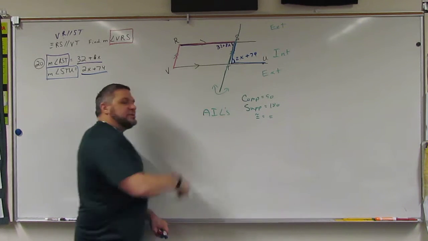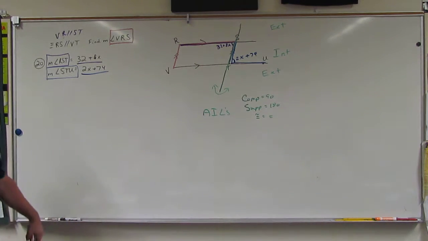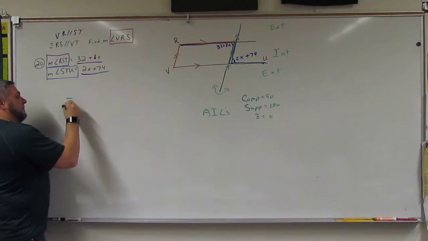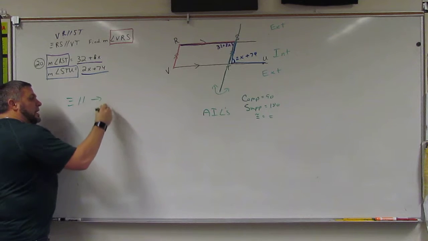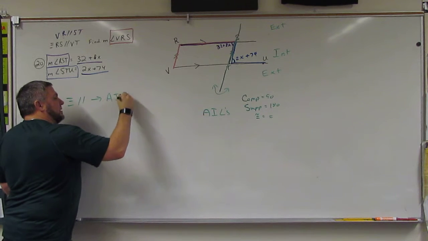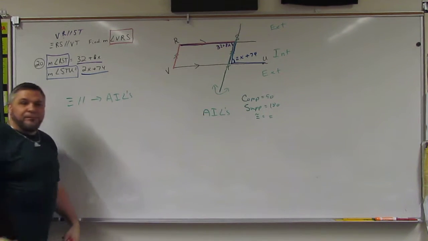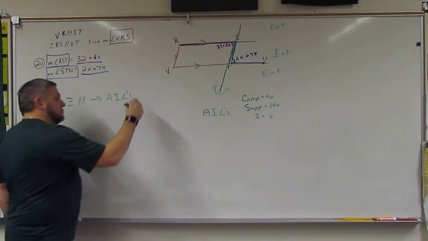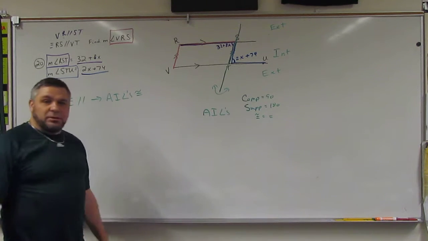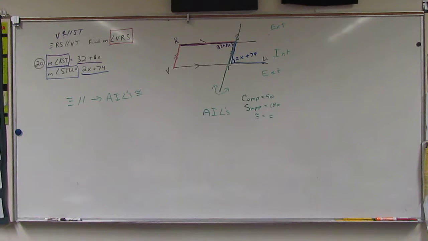And alternating interior angles, if it's parallel, then alternating interior angles are what? That should be in your notes, right? Alternating interior angles, alternating exterior angles, and corresponding angles are all congruent if the lines are parallel.